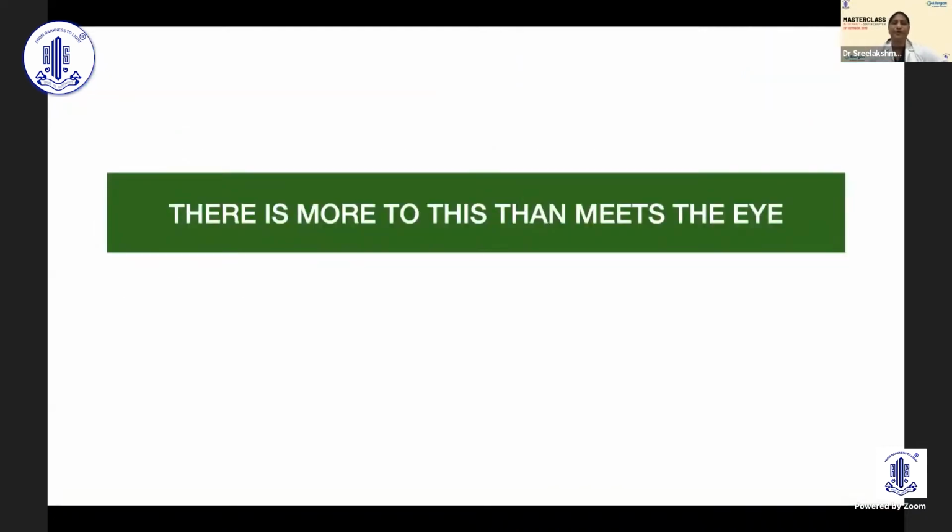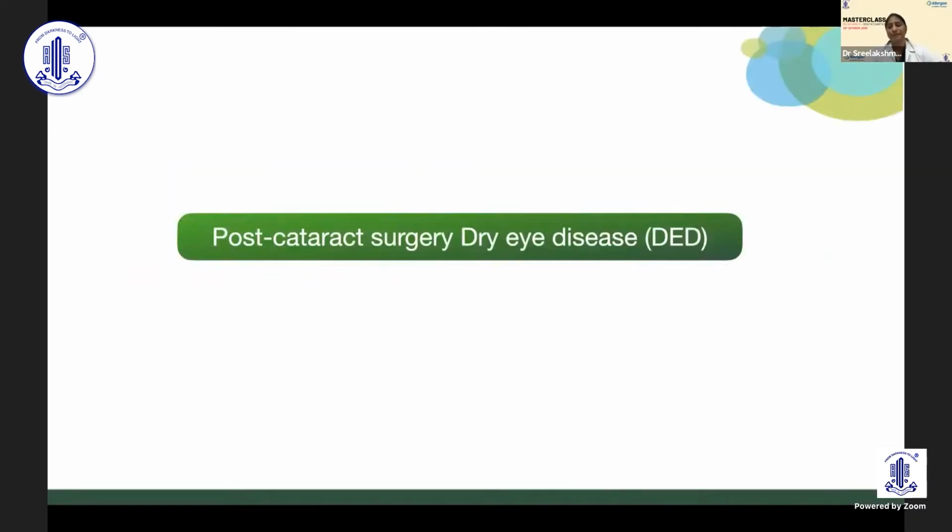And coming to this, yes, there is more to this than meets the eye. It appears simple, but it's more complicated. As a refractive surgeon, I counsel these youngsters so much when they approach for laser vision correction.